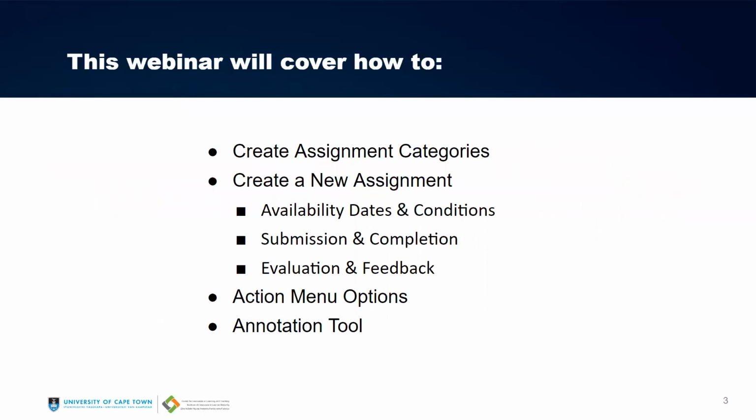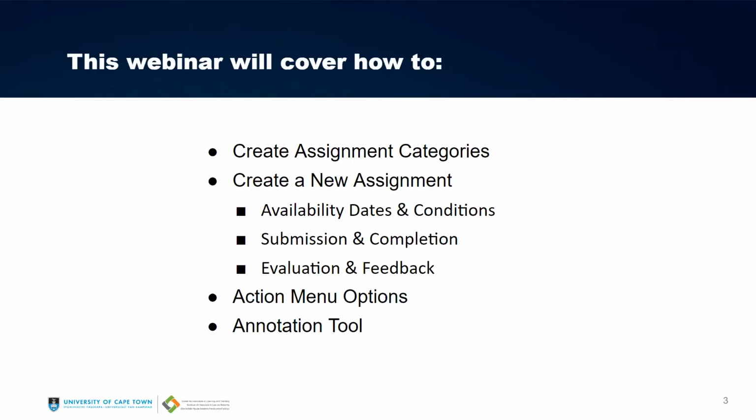So what we'll be touching on in this webinar today: we'll definitely be looking at how to create a new assignment, but we'll also look at how to create assignment categories. Within a new assignment, there are 3 quite distinct areas that we're going to take a look at, which are availability, dates, and conditions; submission and completion; and then evaluation and feedback.